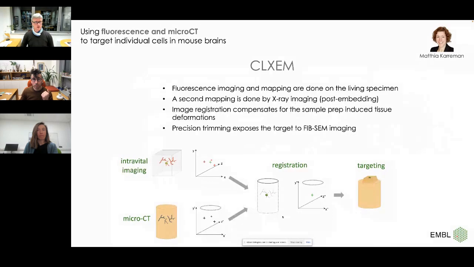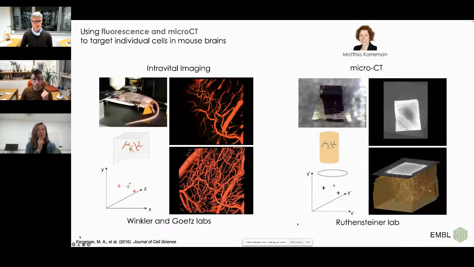The strategy here is to image in the living mouse, then prep the samples for EM, where there is deformation. But with these samples, the resin-embedded tissue, we can then image with X-ray to find some fiducials and then target the cell of interest. Here is an illustration of how this works.